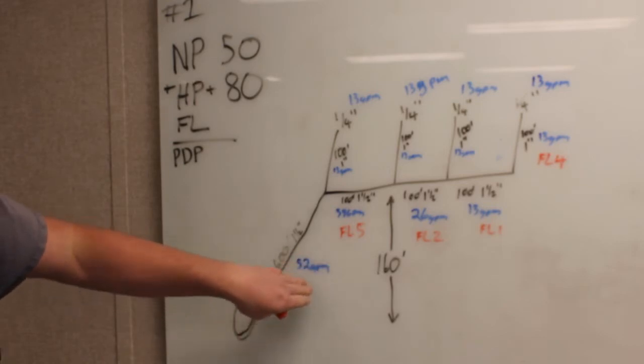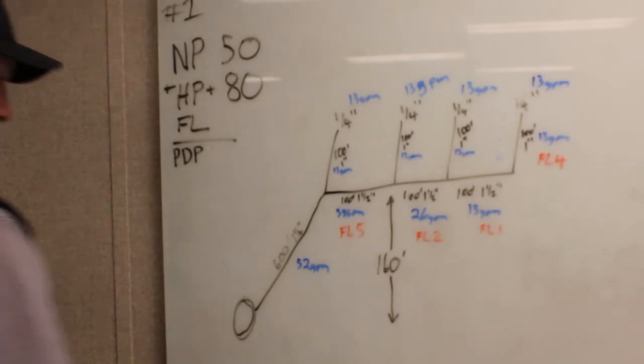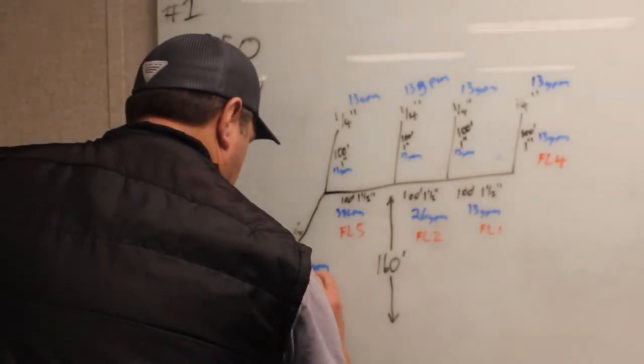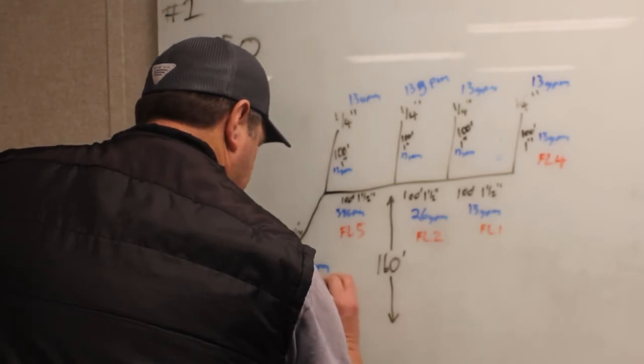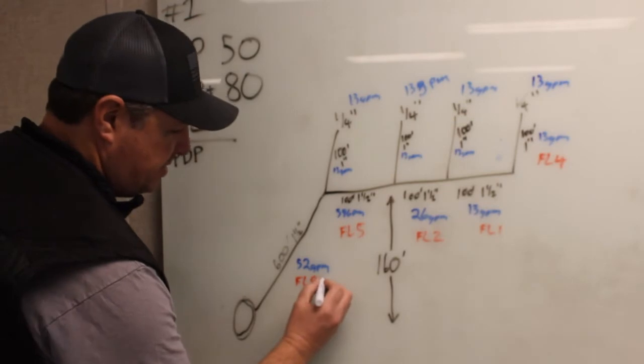All right, keep coming back. Now I have 52 gallons per minute flowing through 1.5 inch hose. So I put my friction loss calculator on 52 gallons per minute, and I read my 1.5 inch hose mark, and I get 9. So friction loss of 9. But I got more than one chunk of hose.